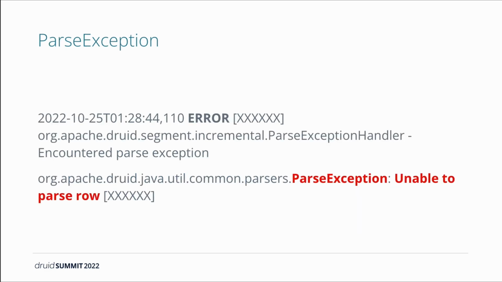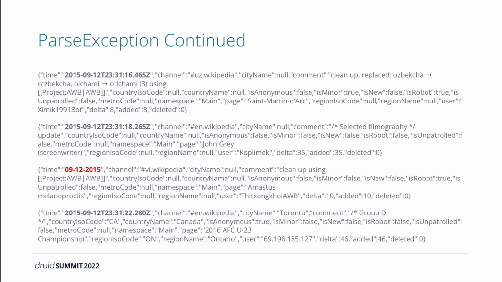Parse exception. You'll see this when a row can't be parsed. This can happen when there are issues with your data. Something like an incorrectly formatted timestamp.